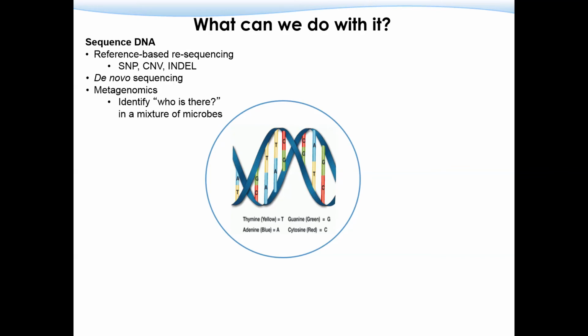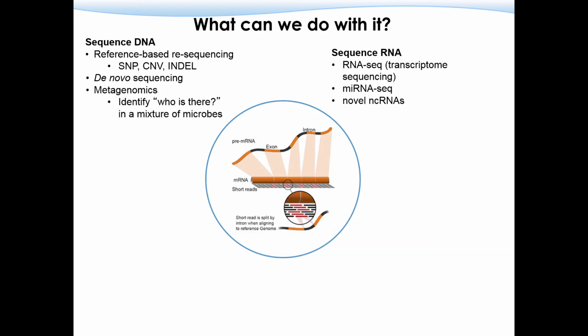There are many different types of bacteria in those, and we want to identify who is in there. Those are called metagenomics, which I will give you a little bit more introduction to in the later slides as well.